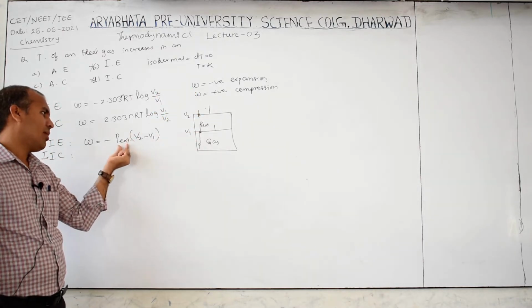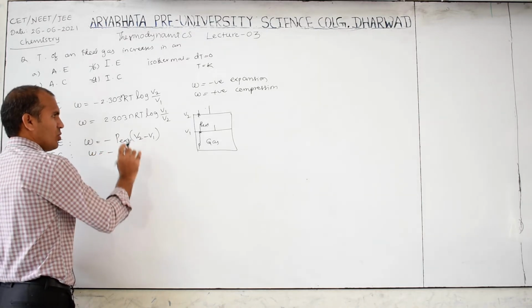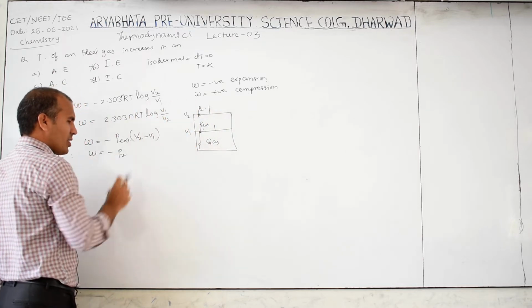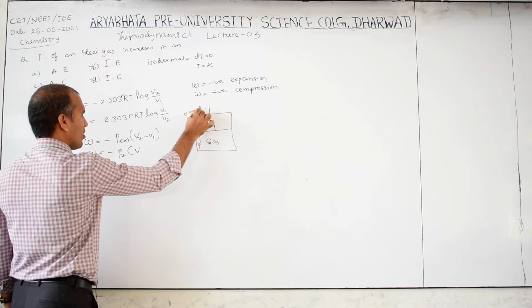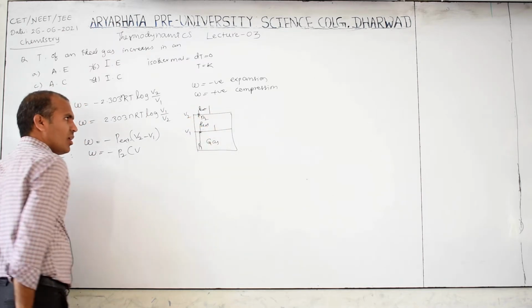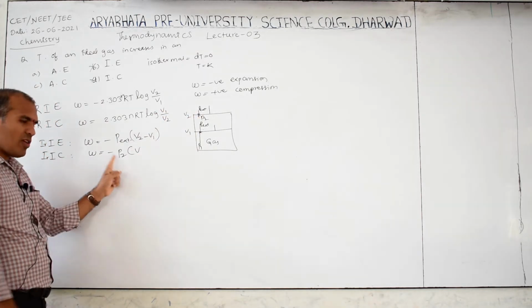Therefore, W is equal to minus P external. This is the P1 pressure, this is the P2 pressure, and P external is P2 at the final stage.